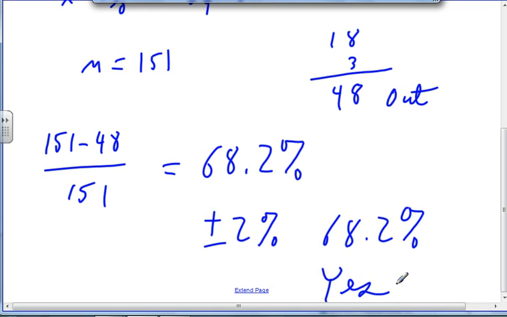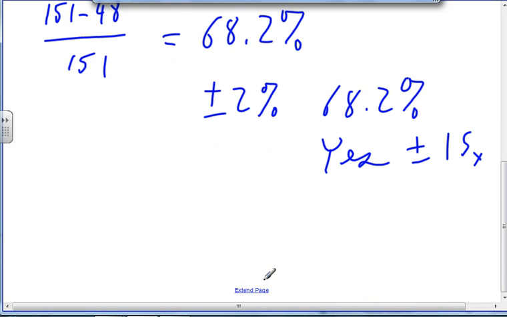We want you to do x plus or minus 2 s of x. Oh, wait a minute. So we have to check it again. So yes for plus or minus 1. Now we got to check it for plus or minus 2. Okay, so the mean 67.9 minus 2 times 1.39.